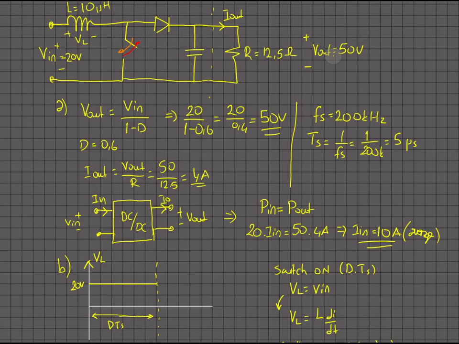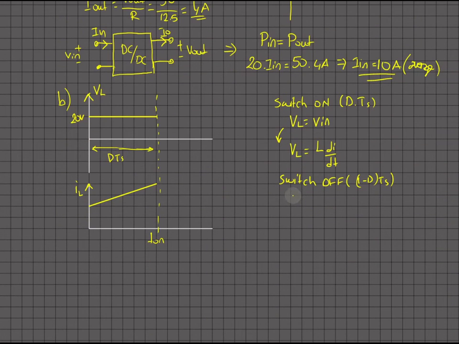So when the switch is off, VL is equal to Vin minus Vout, and it is 20 minus 50, that is minus 30 volts. Let me draw it here. It just comes down to here, something like that, right? And then it will start again. So here it is minus 30 volts.